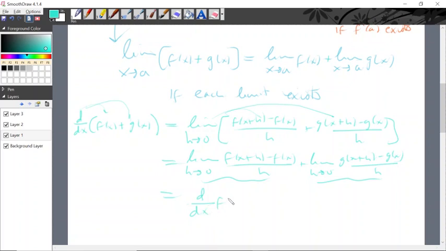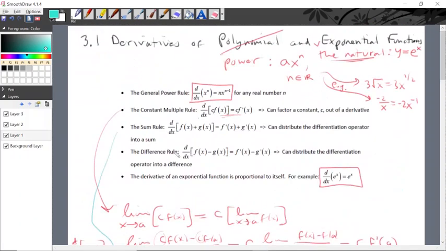So we have the derivative of f plus the derivative of g. So the sum rule and the difference rule both say that we can essentially distribute the differential operator when we have a sum or a difference.